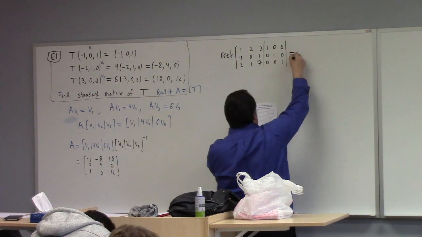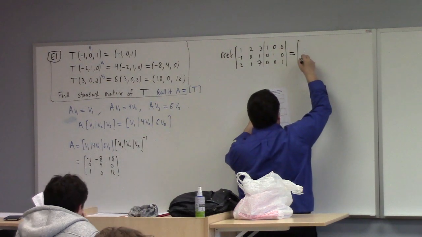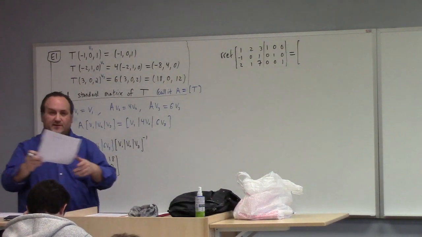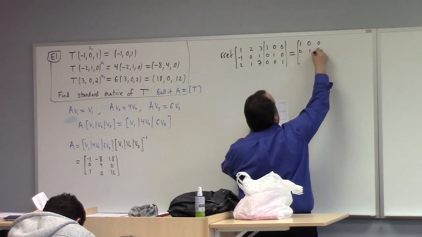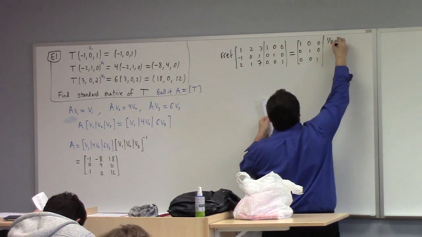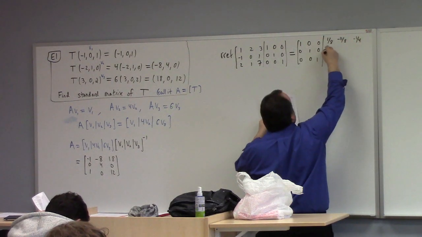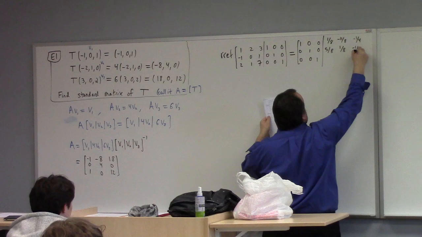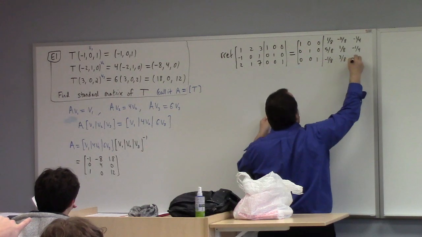And after about 8 row operations, you'd get to the following: 1, 0, 0, 0, 1, 0, 0, 0, 1, and then 1/8, -11/8, -1/4, 5/8, 1/8, -1/4, -1/8, 3/8, and 1/4.